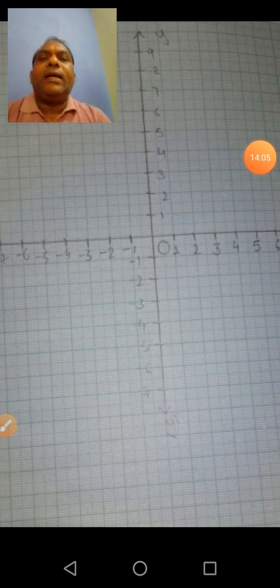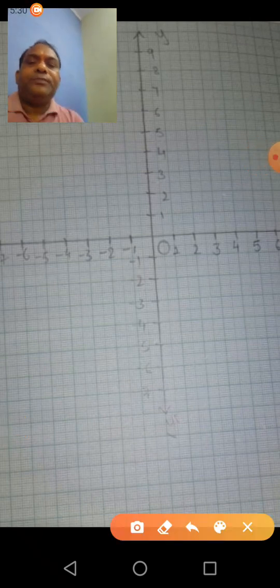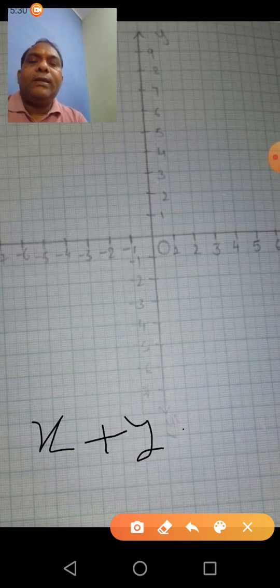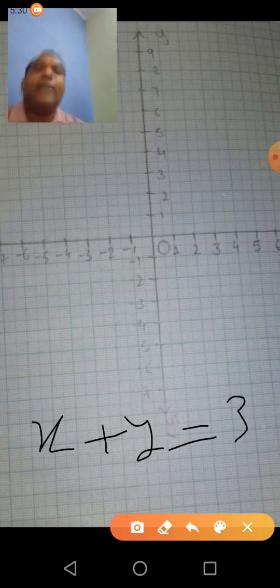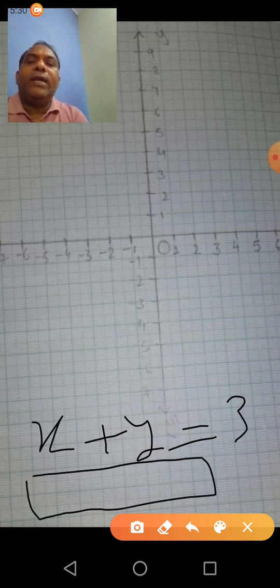Now see here again, suppose we have to draw a line x plus y is equal to 3. Clear? So you have to find different values of y corresponding to the different values of x.